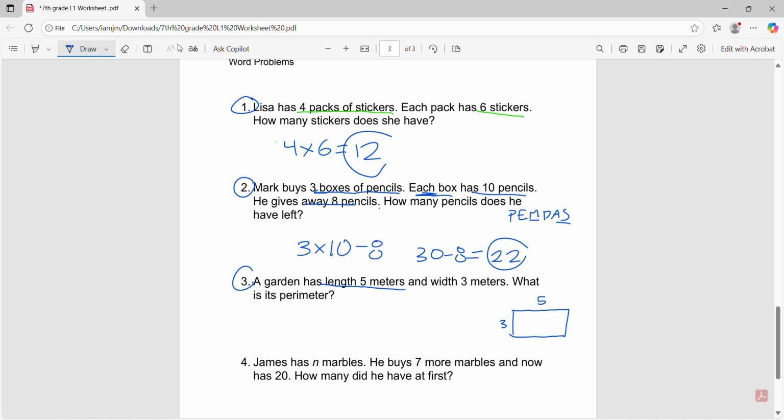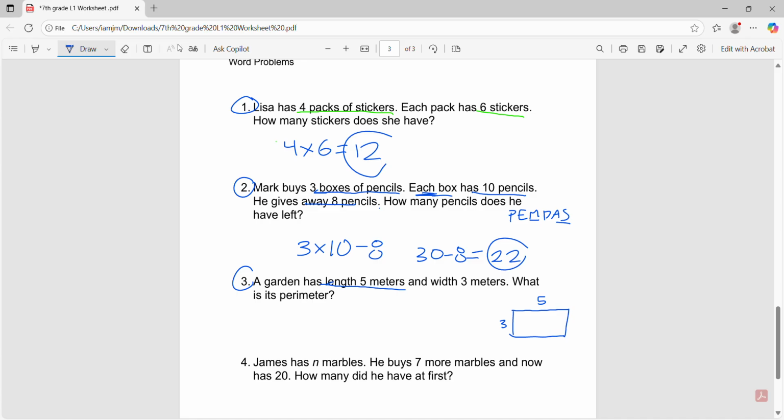So a perimeter is the total of adding each side, the sum of all the sides of the shape.